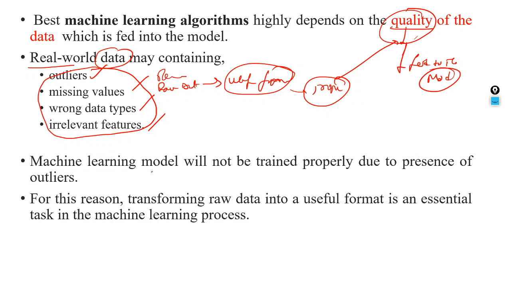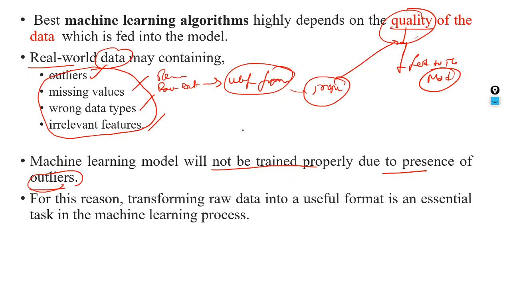Every machine learning model will not be trained properly due to the presence of outliers. If our given data set has many outliers, and without applying any outlier methods, like removing or handling the outliers, you pass the same raw data set to the model, the model will not be trained properly.